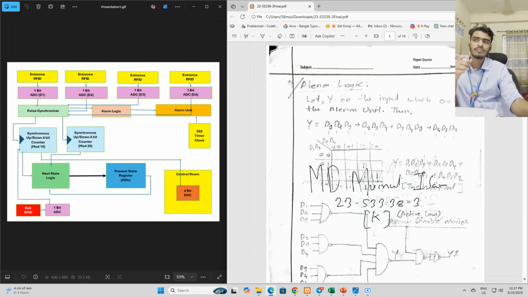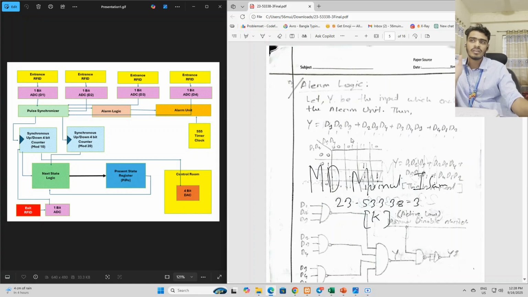If D1, D2, D3 goes high at a time, or D2, D3, D4, or D3, D4, D1, or D4, D1, D2 goes high at a time, so if any of these combinations goes high at a time, it should give a high output to this Y signal.